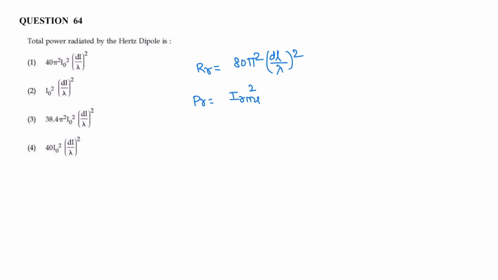I RMS is I naught by root 2, whole square, into radiation resistance, that is 40 I naught square pi square dl by lambda whole square. This is the power radiated by a Hertzian dipole. Correct option is 1.